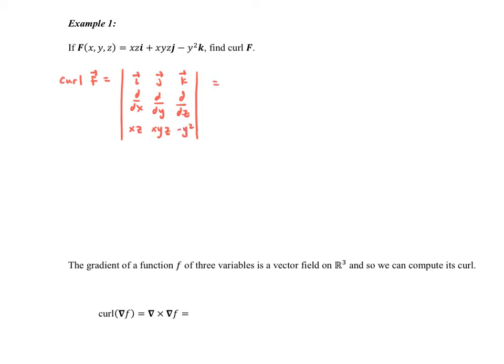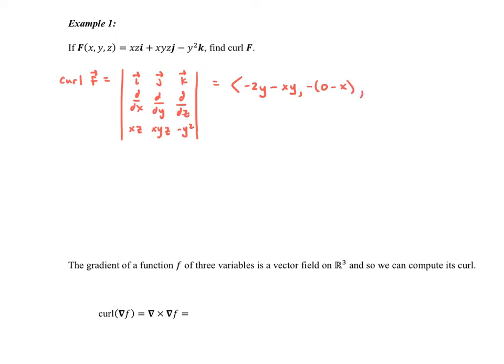Okay, so we have then our cross product. So we have the partial derivative of negative y squared with respect to y, which is going to be negative 2y, minus the partial derivative with respect to z, which is going to be xy. And then we have the partial with respect to y, which is going to be 0, minus the partial with respect to z, which is just going to be x.